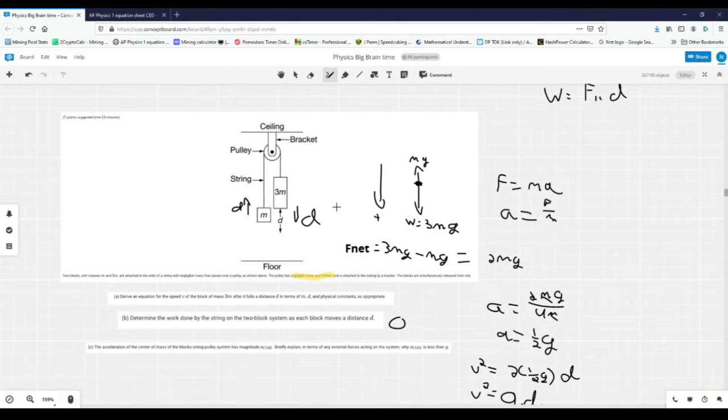So, what were your answers for C? I said that because of the gravitational force, if the objects were literally just in free fall, then the acceleration would be gravity, but they have tensions and whatnot working against them, so they have other things there which are going to slow down the acceleration.